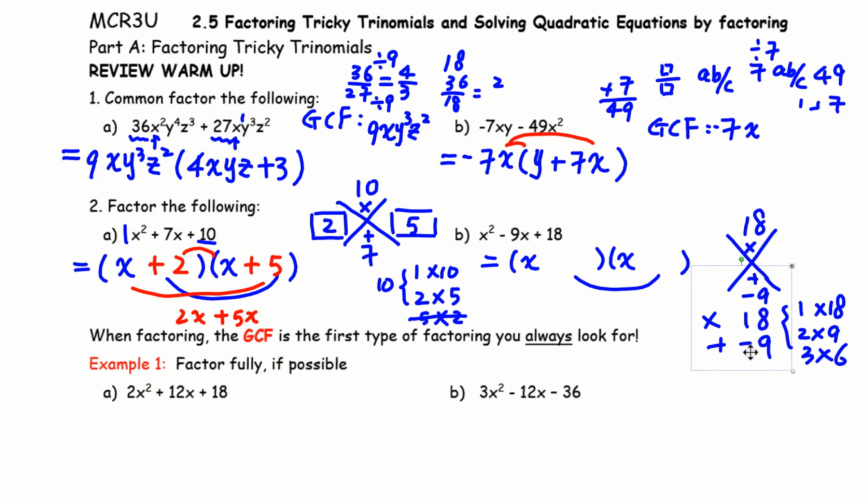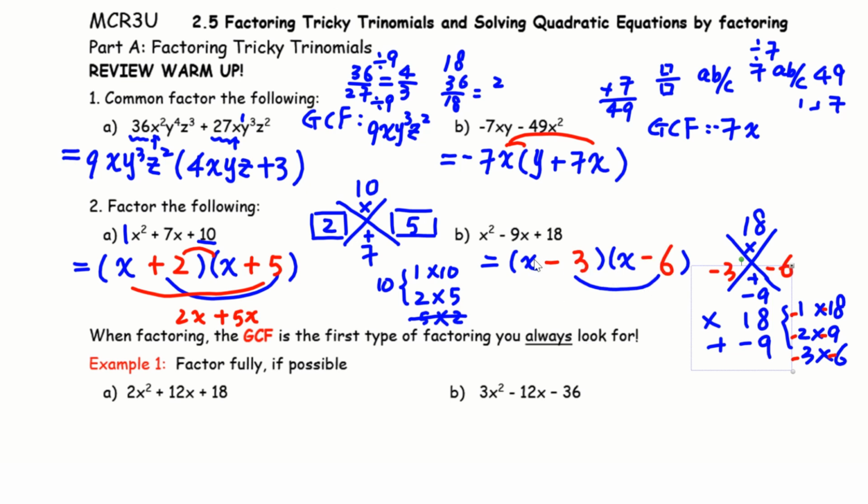Then we check which 2 add together will give you -9. So times together is 18, add together -9. Then we know that the larger number needs to be negative, and times together is positive, so both need to be negative. Then we are going to see -3, -6. Times together give you 18, add together is -9, so -3, -6.